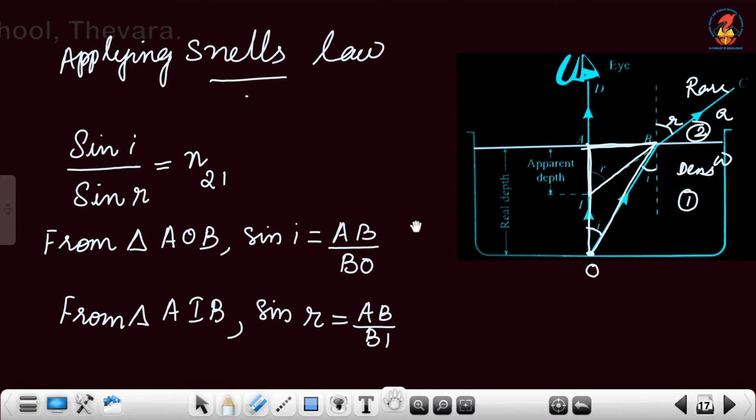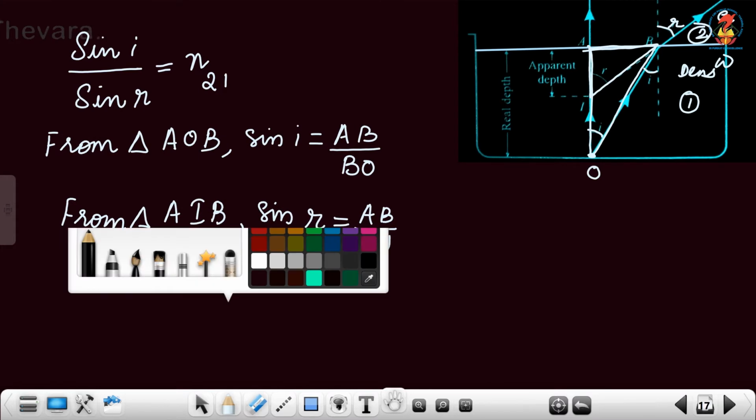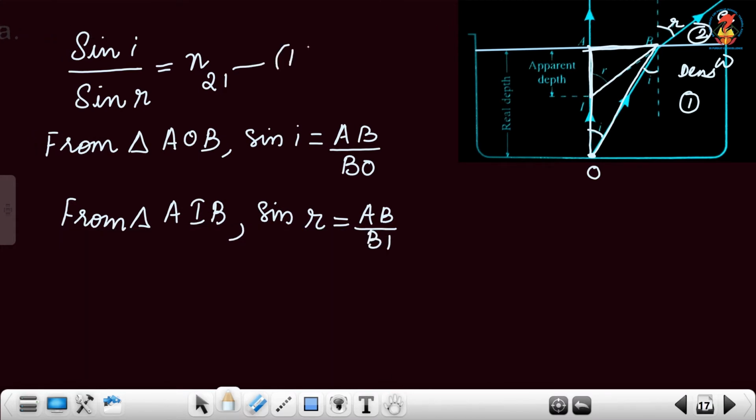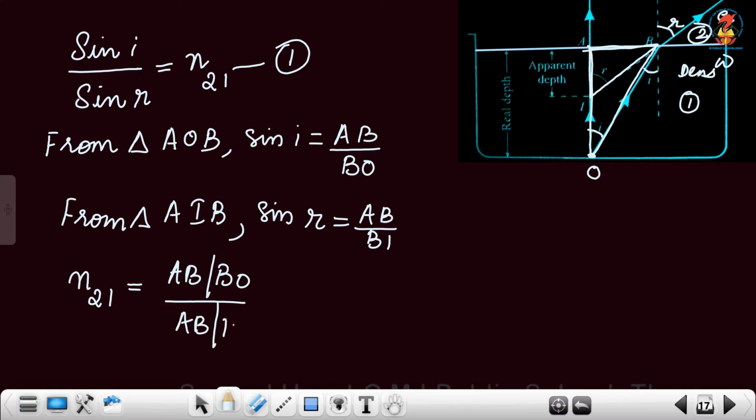Now, on applying the values of sin i and sin r in equation 1, we get n21 is equal to sin i, that is AB by BO, divided by AB by BI, which is equal to BI by BO.